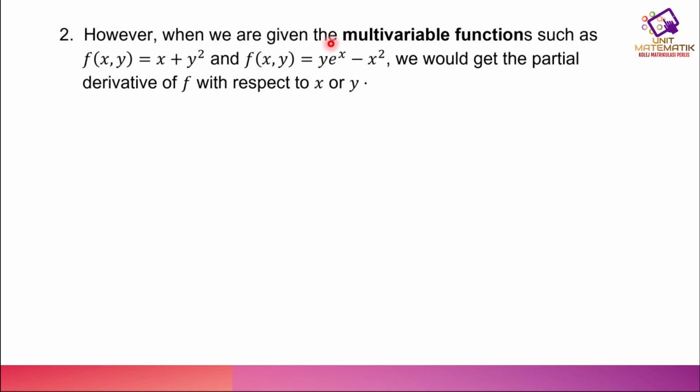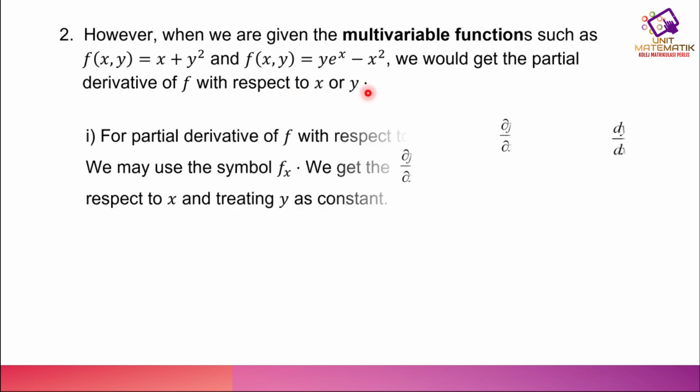However, when we are given multi-variable functions, that means more than one variable, such as f(x,y) = x plus y squared and f(x,y) = y to the power x minus x squared, these are functions with two variables. We will get the partial derivative of f with respect to x or y.